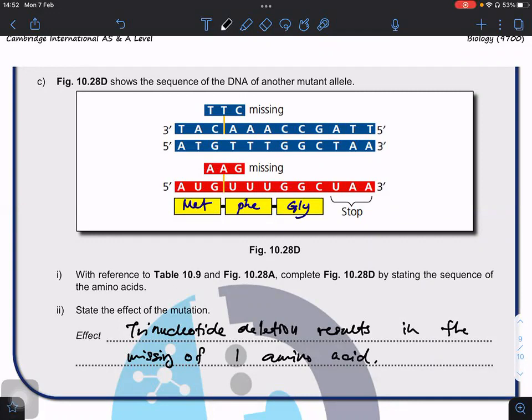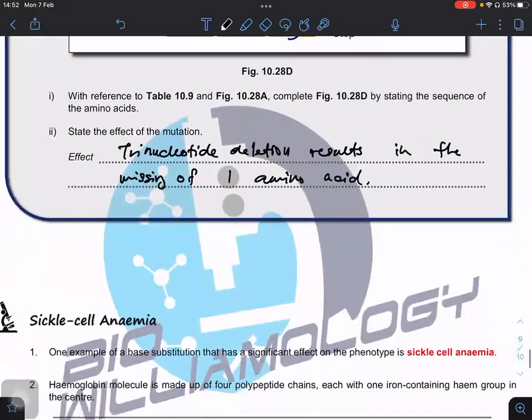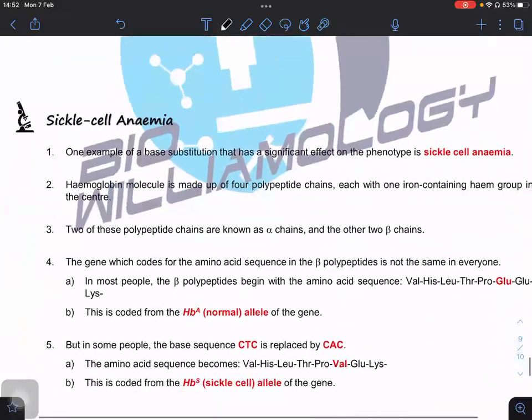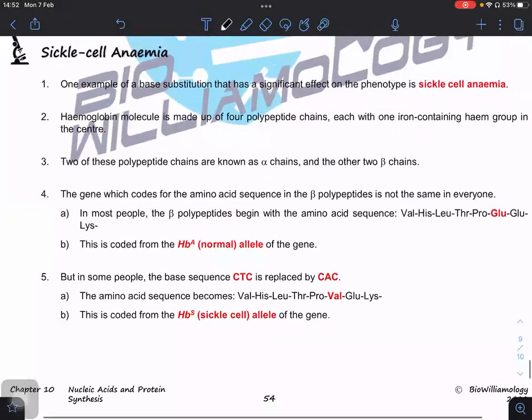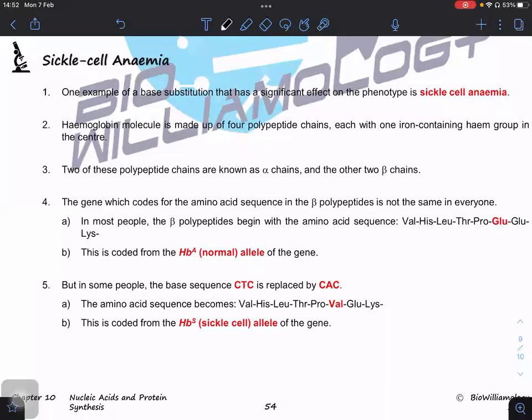So we use one example to study gene mutations, using sickle cell anemia. First of all, we talk about hemoglobin, right? When we talk about hemoglobin, we do know that it has 4 polypeptides, 2 alpha and 2 beta.